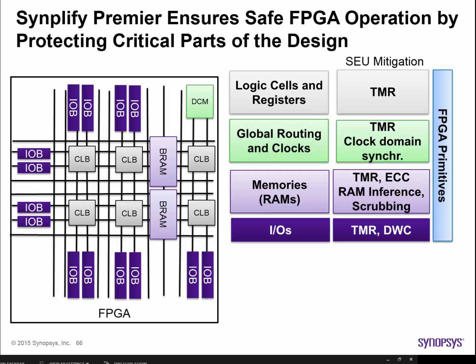The die also has dedicated memory primitives known as block RAMs, or BRAMs. It can include digital clock generators, or DCMs, and I/O buffers, IOBs. For each of these primitives, there is a unique SCU mitigation technique listed here and covered in the earlier videos in this series.